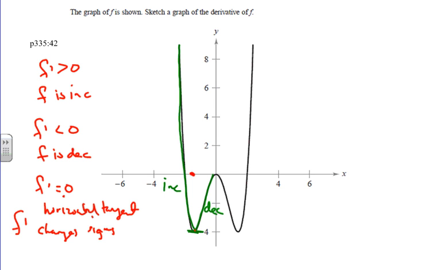And since this is increasing here, that means f prime should be positive. So I'm going to make this positive graph right here. Then it's going to go to negative to the next value. Well, right here we see that it changes signs again, so this must be where we have another 0 in a graph. So it must go like this. And then we see that it's going to be negative. Then it, once again, is going to be decreasing, and it's going to be negative again.